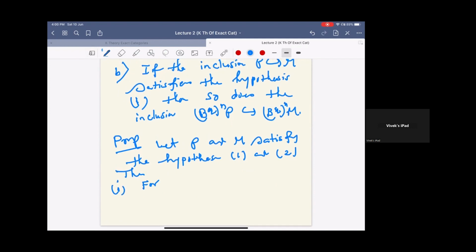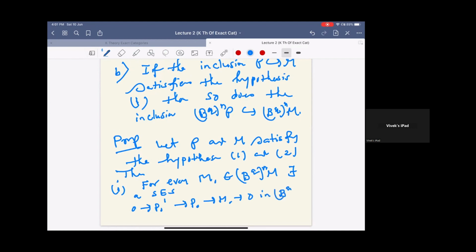For every object there exists a short exact sequence in BQM.